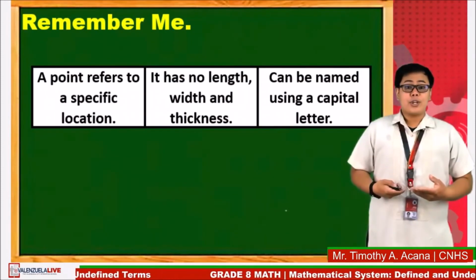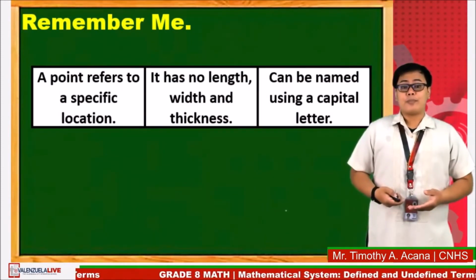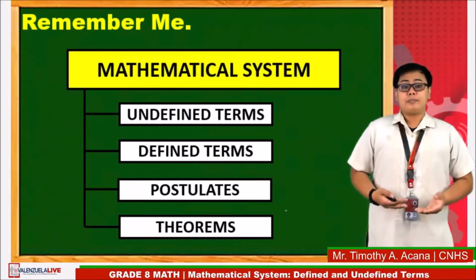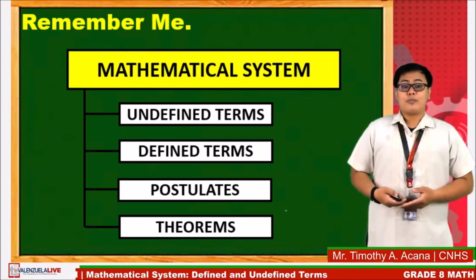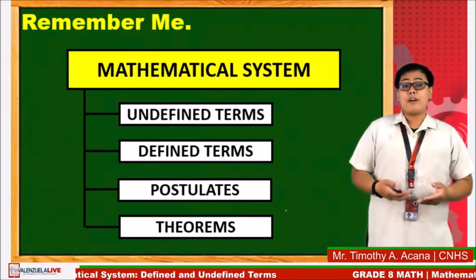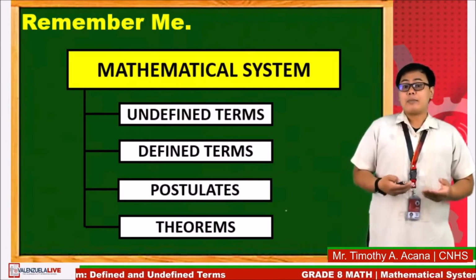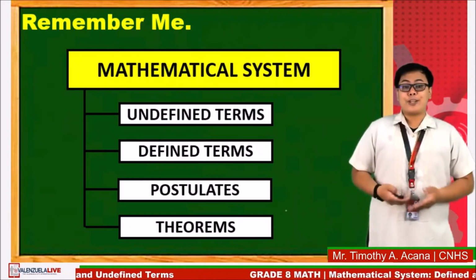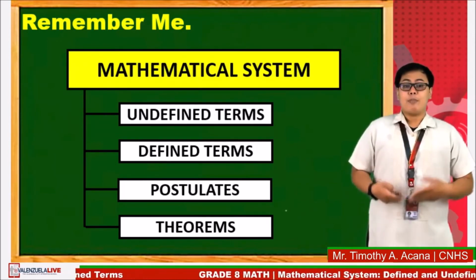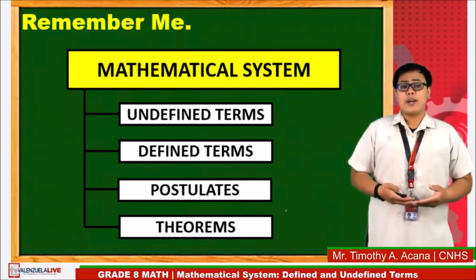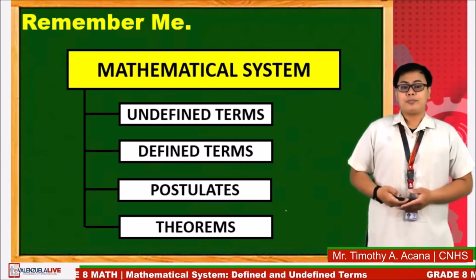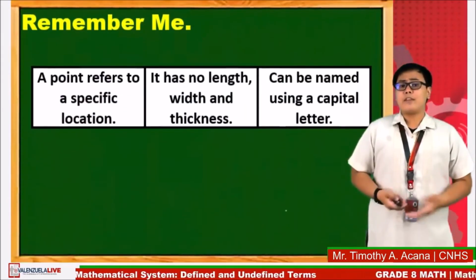Undefined terms do not have any actual definition and may be represented by different figures from the real world, while the defined terms have a formal definition and can be defined using other geometric terms. Postulates are statements that are assumed to be true, while theorems are statements that can be proved to be true. Then we have the three undefined terms.